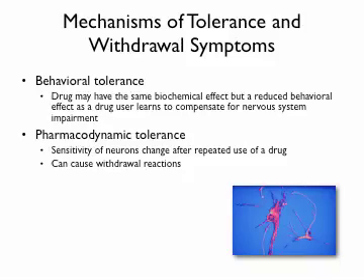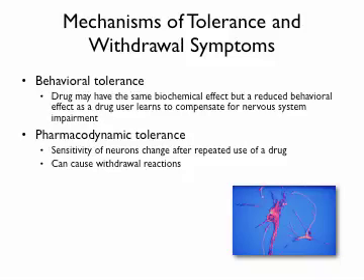We've already talked about how neurons can change their sensitivity to a particular drug after repeated use, but the liver can do that as well. When you stop taking the drug, those changes to both the physiology of the central nervous system and to other organ systems like the liver may be responsible for withdrawal reactions.